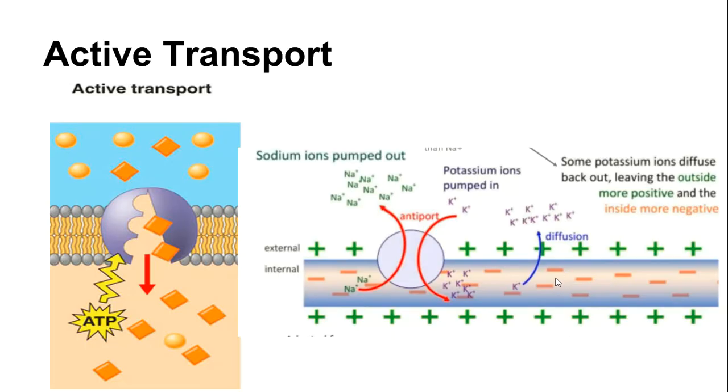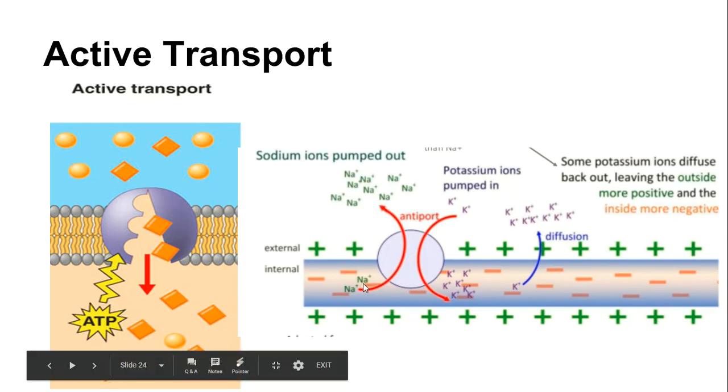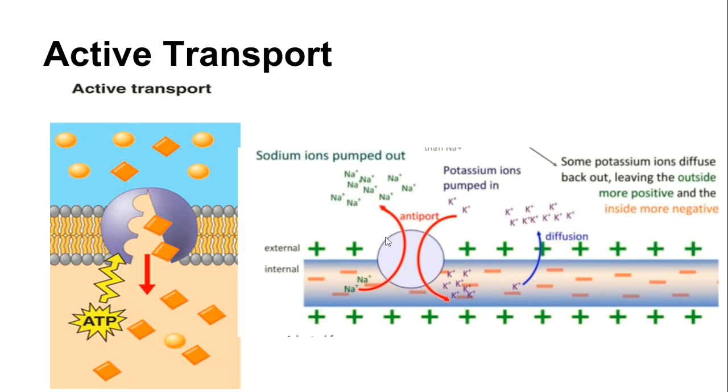As it floods in, we need these pumps to force the sodium back out to the outside. It's still more sodium out here. So it's active transport. Even though it flooded in and created voltage, your sodium still needs to get put back out. And it's going to go from low concentration to high concentration and require ATP to do that.